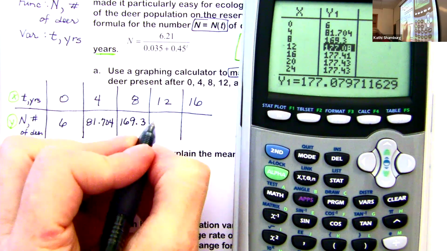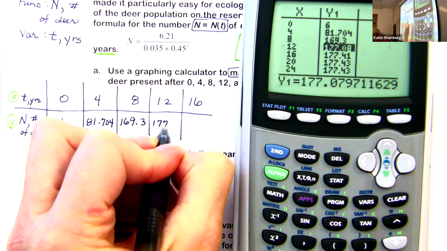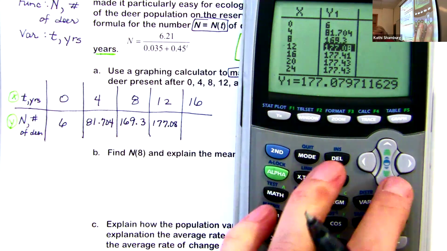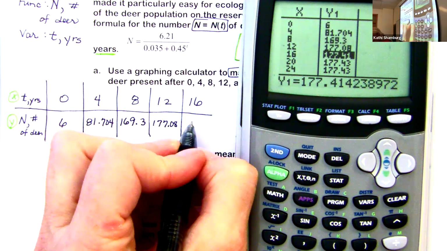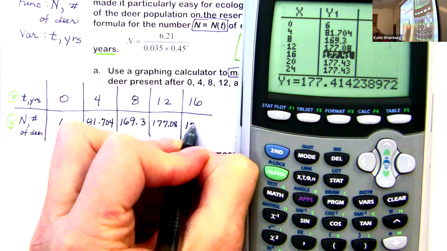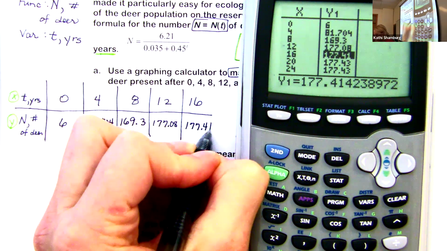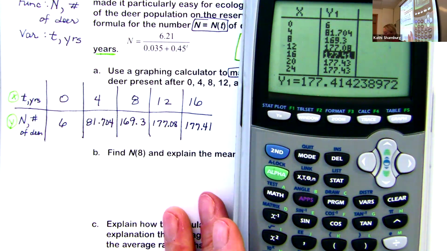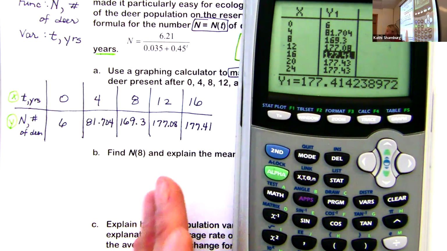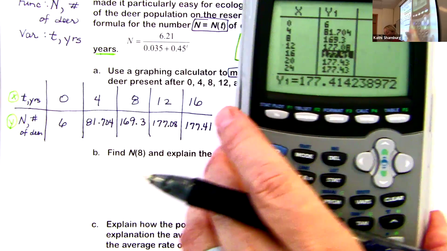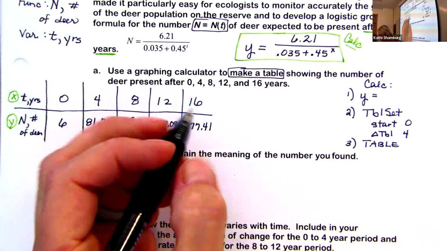Year 12, 177.08. Year 16, 177.41 deer. Okay, now it's going to give you a whole lot more than that, but that's all that they told me to do on the table. So I'm going to stop there.